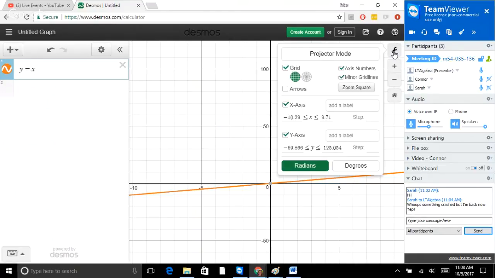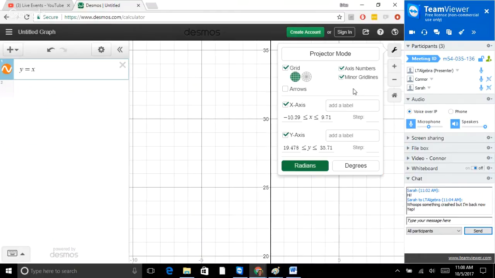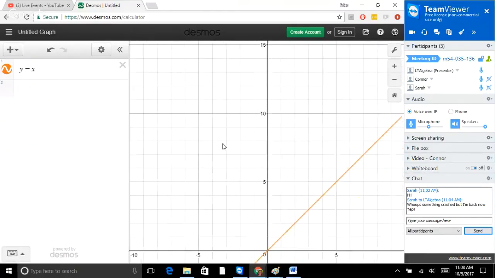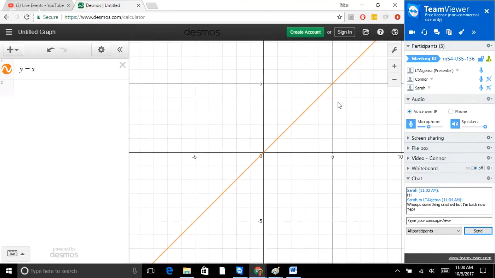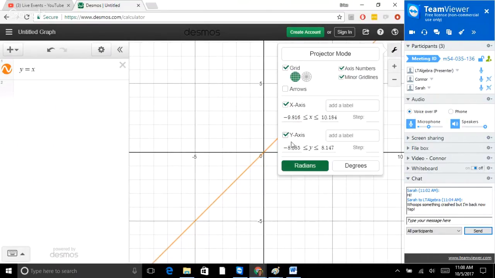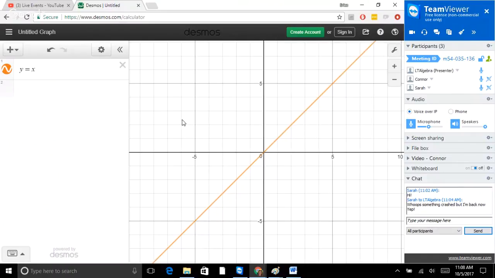So I'm going to go into my graph settings, which is this little handlebar here, and zoom square. There we go. It goes back to square, or you can type in values if you want it to be exact. You can do that in here.